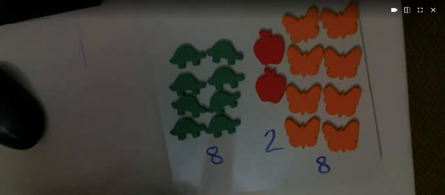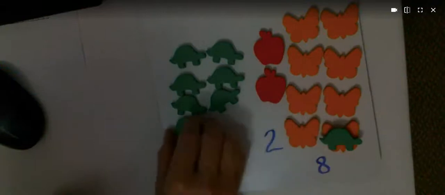Did you notice that I have 2 sets of objects that have the same number? That means that they are equal. So I have 8 butterflies and 8 turtles. So the turtles and the butterflies are equal. I could put the turtles on top of the butterflies, and everybody's going to have a match. So they're equal.